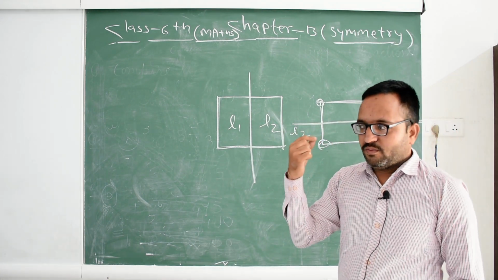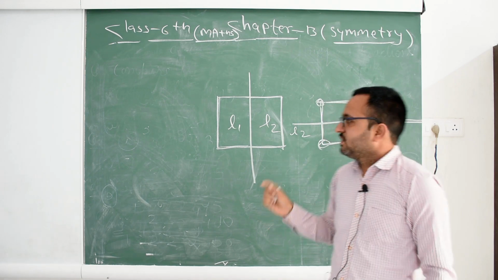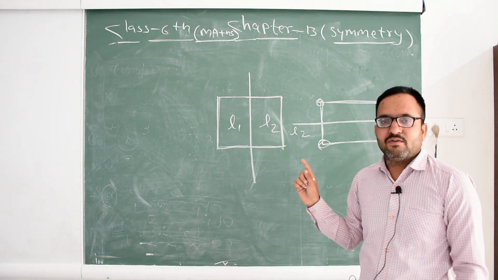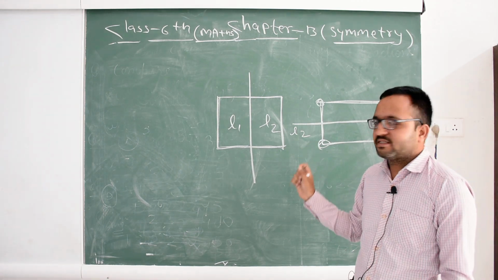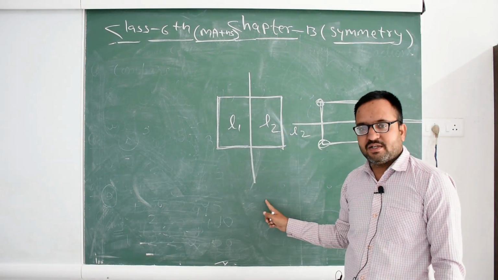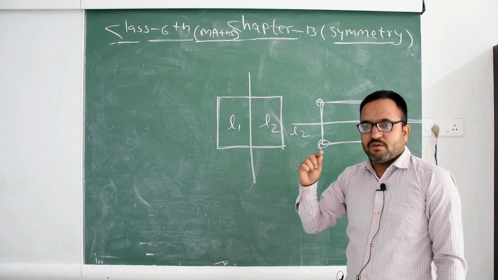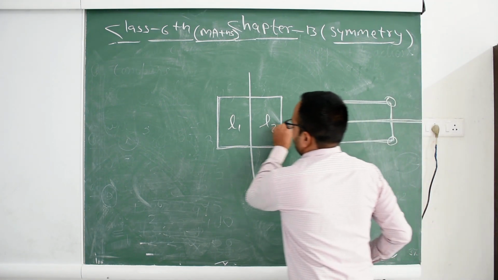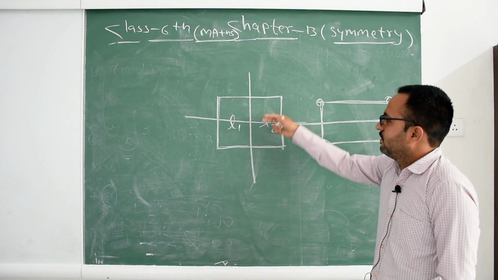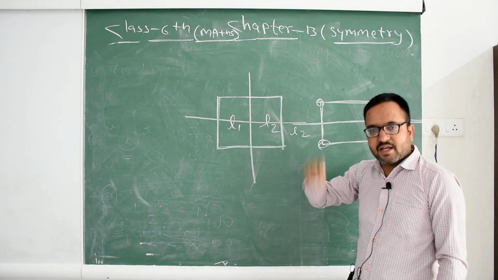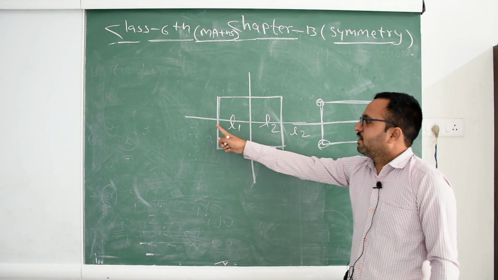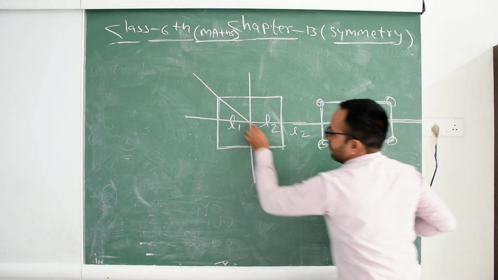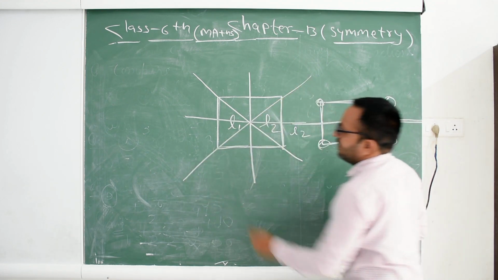And one thing I remind you: how many lines of symmetry are in a particular figure? It is not necessary to have only a single line of symmetry. We can draw more than one line of symmetry, like this. This line of symmetry again divides it into two equal parts.